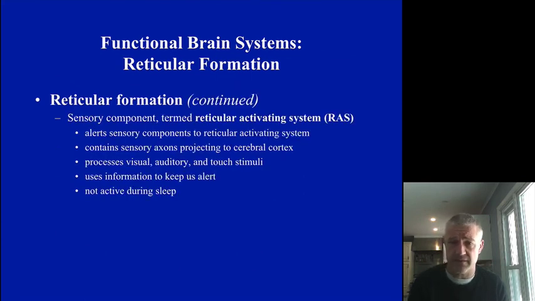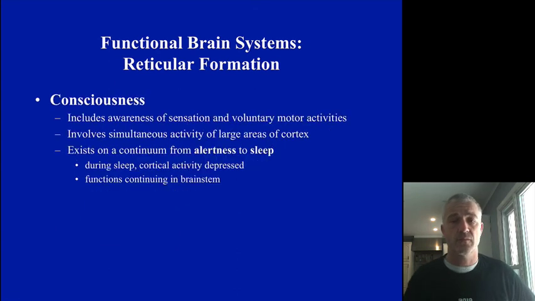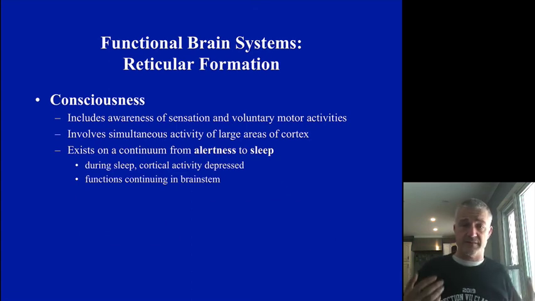Like I said, the sensory components of this are what they call the reticular activating system. And to me, that's the important thing here. Processing some of those stimuli that keeps you alert, as well as can take you from a sleep state to an awake state by triggering some of this information. And consciousness is just this idea of being aware of your surroundings and being able to control voluntary movements.